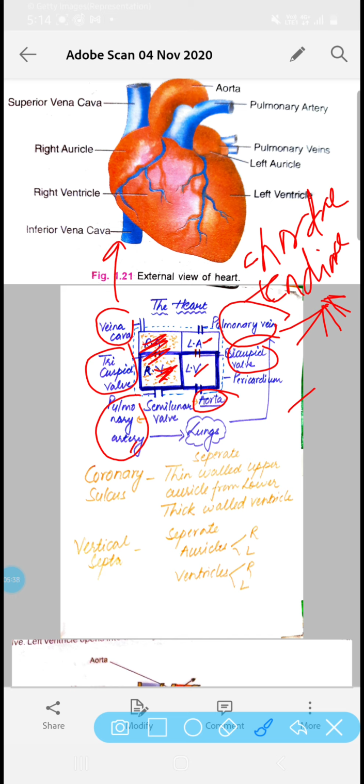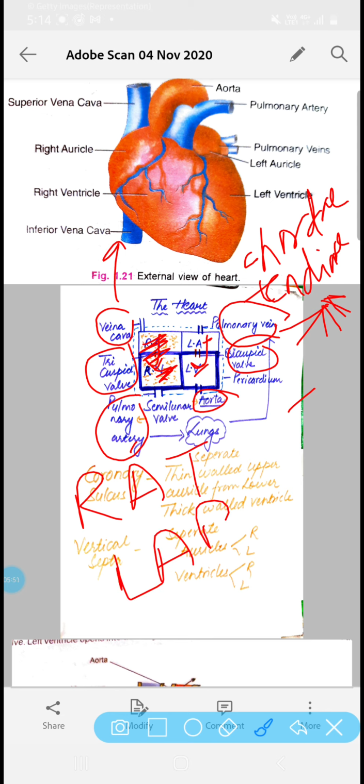So both of the valves help in the transfer of the blood from auricle to the ventricle. To remember which valve is present on which side, you have to learn these two words: RAT, LAMB. Right auricle, it is the tricuspid valve. Left auricle, it is the bicuspid valve.